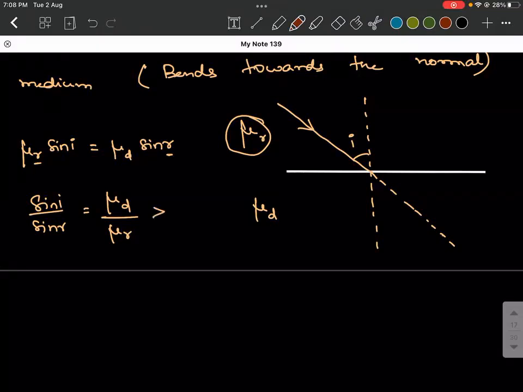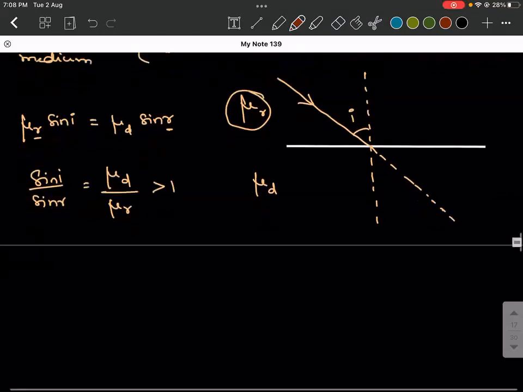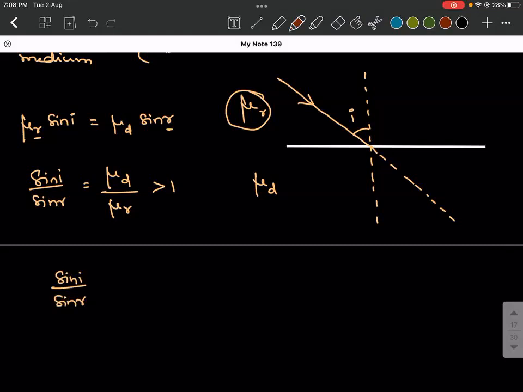Denser is greater, so this value should be greater than 1. Greater numerator, lesser denominator, the value will be greater than 1. So sin i by sin r should also be greater than 1, which implies sin i is greater than sin r, which implies i is greater than r because sin is an increasing function.